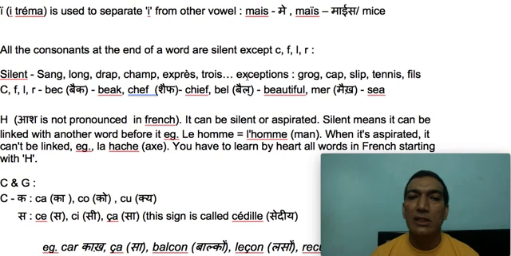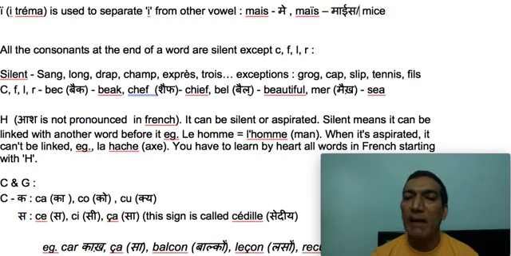Some exceptions. Gros, it is in the starting. It might be somewhat difficult for you, but it's not too complicated. So gros, J is not silent here.